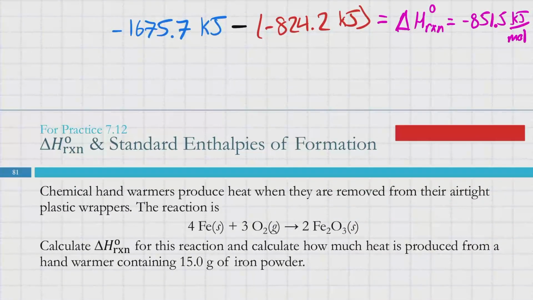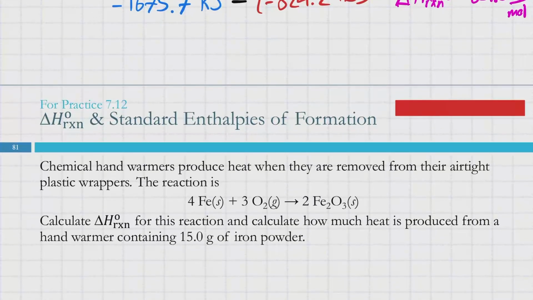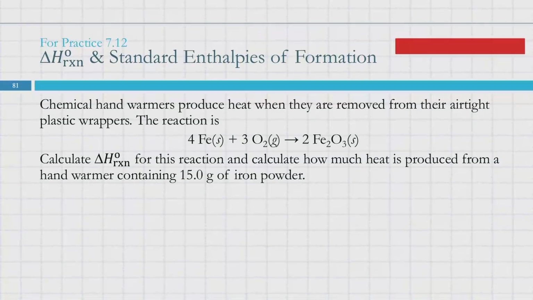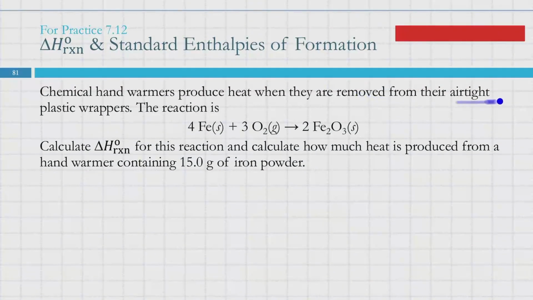We can also add on an extra step or extra steps. For example, chemical hand warmers produce heat. When they're removed from their airtight plastic wrappers, oxygen in the air reacts with the iron filings that are in the little pouch, and it makes rust. We want to calculate the standard heat of the reaction for this reaction and calculate how much heat is produced from a hand warmer that has 15 grams of iron powder in it.